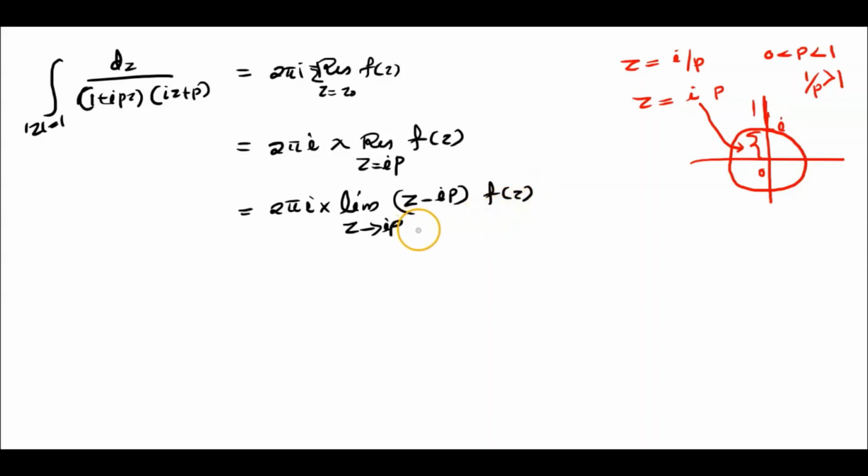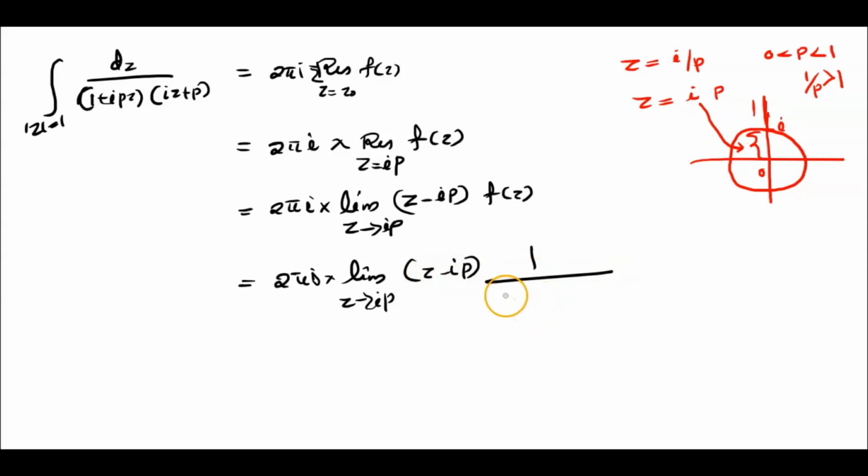Now we can write it as 2 pi i into the limit as z tends to ip of z minus ip into 1 by 1 plus ipz into iz plus p.